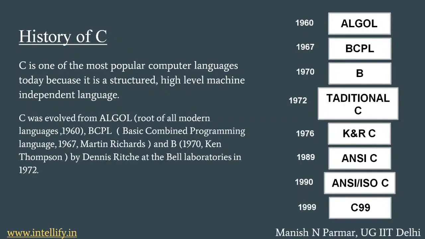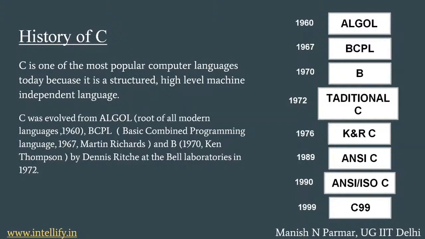So what is Algol? Algol is the root of all the modern languages and it was introduced in the 1960s. After the introduction of Algol, BCPL was introduced. So what is BCPL?